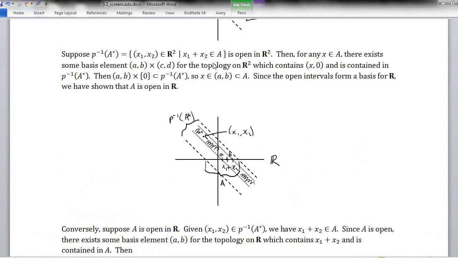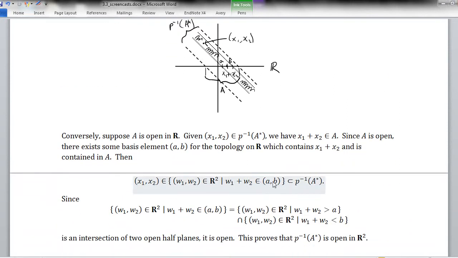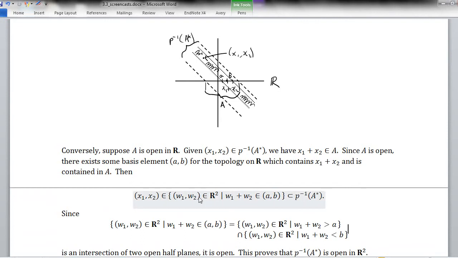The coordinates have to add up to something in A. But here they add up to something between a and b, and the interval from a to b is contained in A. So this is sort of the special case of w1 plus w2 contained in A. Good. So I found a set which is a subset of the diagonal strip P inverse of A star.